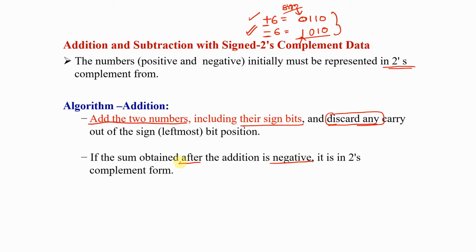When you see the sign bit in the result equal to 1, we call it a negative number, and the number is in two's complement form. Simple: add two numbers including their sign bit. If any end carry results, discard it. If the sign bit is 1, the result is negative, in two's complement form.